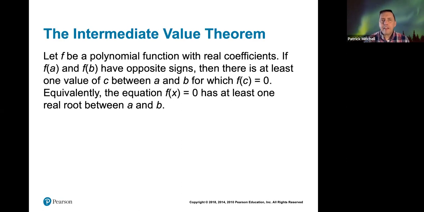So if f of a and f of b have opposite signs, then there has to be at least one real number c between a and b for which f of c equals 0. Equivalently, the equation f of x equals 0 has at least one real root between a and b. Okay, so that's a lot to take in.